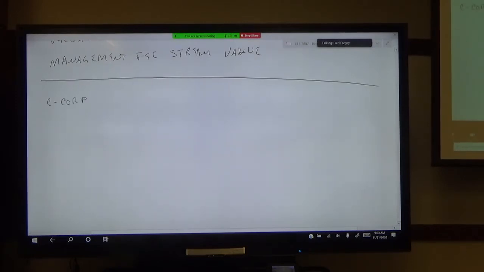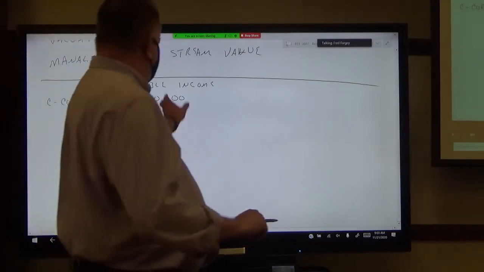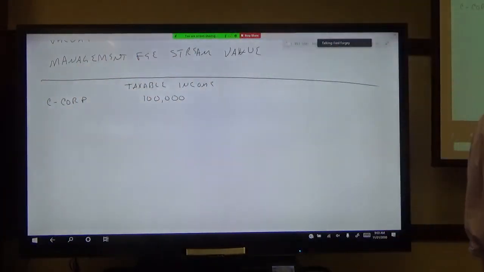Here, whatever money that you make, let's say the C Corp's taxable income is, let's say, $100,000. All right? Now, you've got a couple of choices with that taxable income as a C Corp.